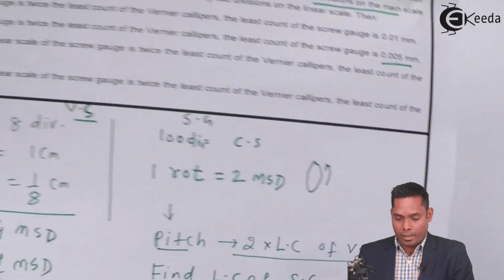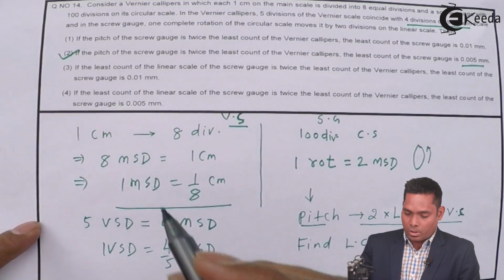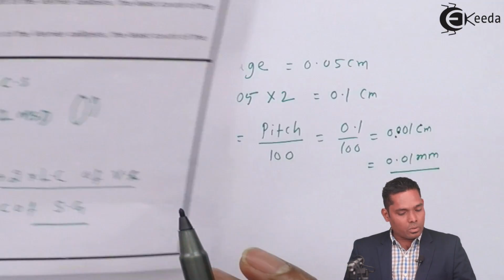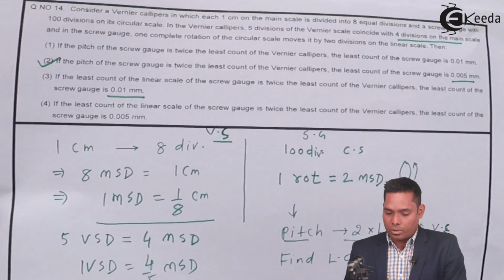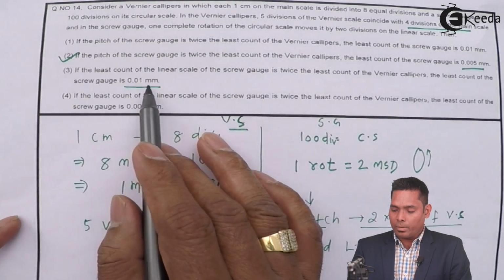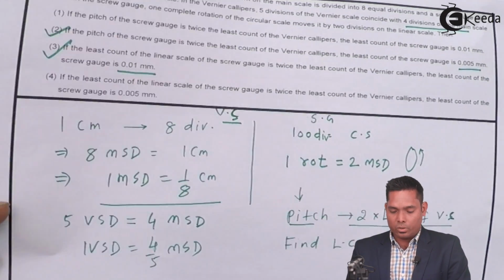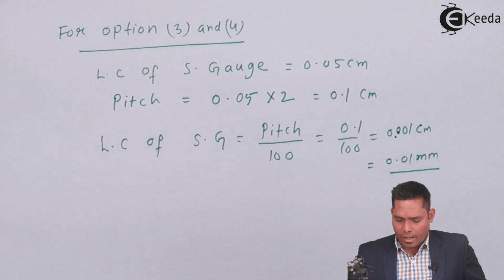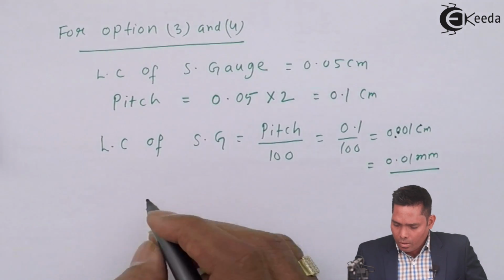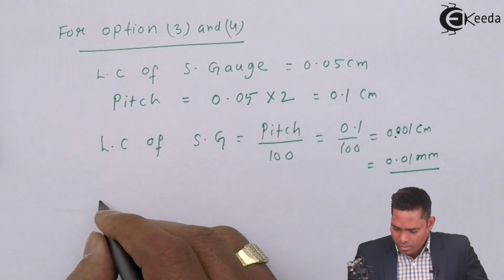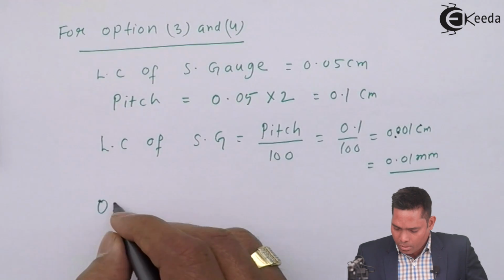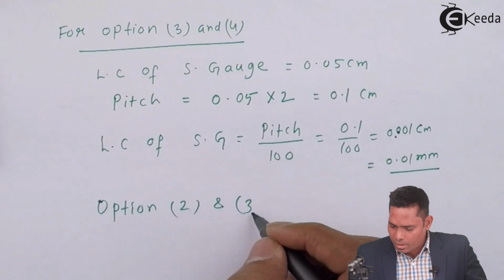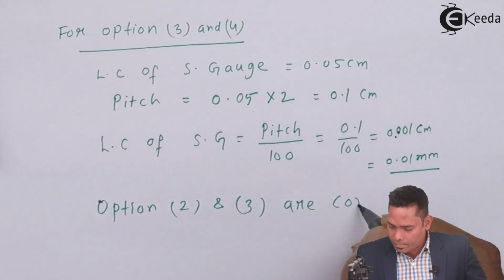And if I see the option, 0.01 millimeter is there, so this is the correct answer to this question, 0.01 millimeter. This is also correct. So, sorry, 2 and 3 are correct.